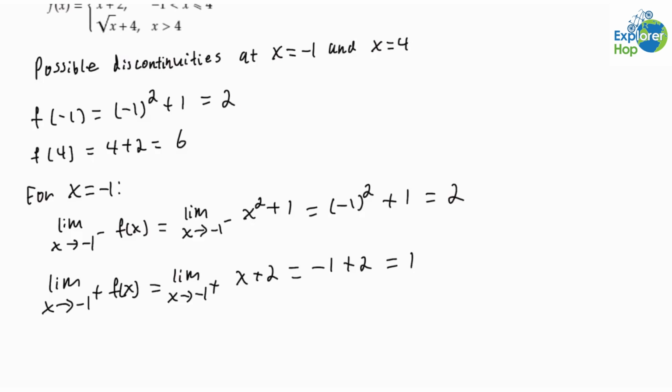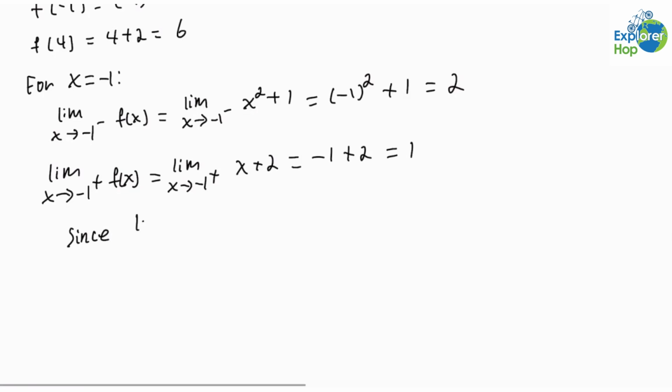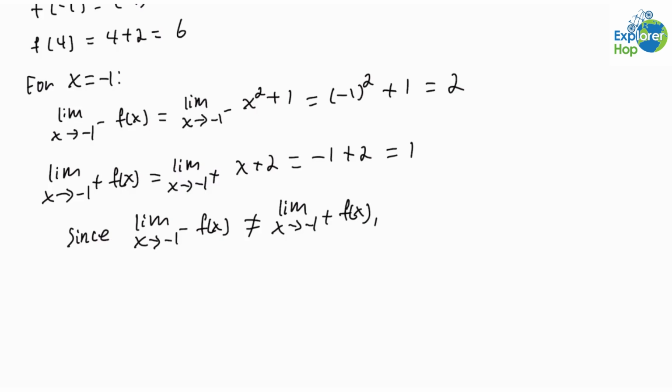And since the one-sided limits are not equal to each other, this means that the limit as x approaches negative 1 in the function f of x does not exist. And this means that the definition of continuity is not satisfied. So f of x is discontinuous at x equals negative 1.